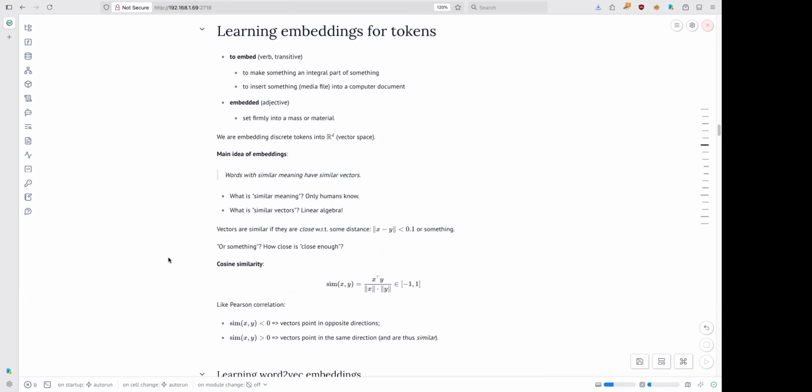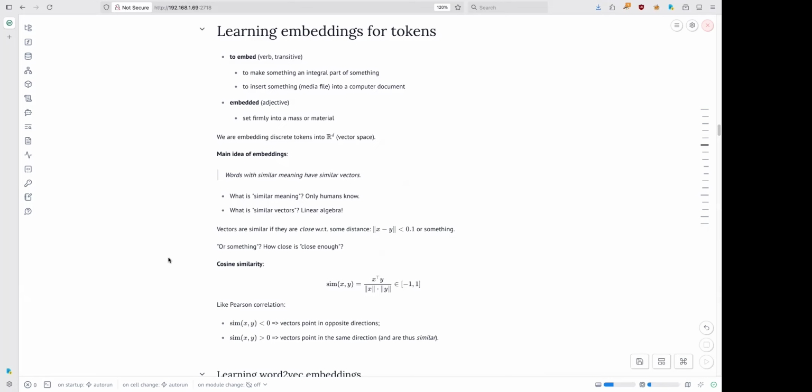The computer sees all text as just a bunch of bytes. It has no concept of meaning, no concept of similarity, nothing like that. But when we convert words or tokens into embeddings, into vectors, we immediately gain a notion of similarity. We gain a notion of vector similarity.